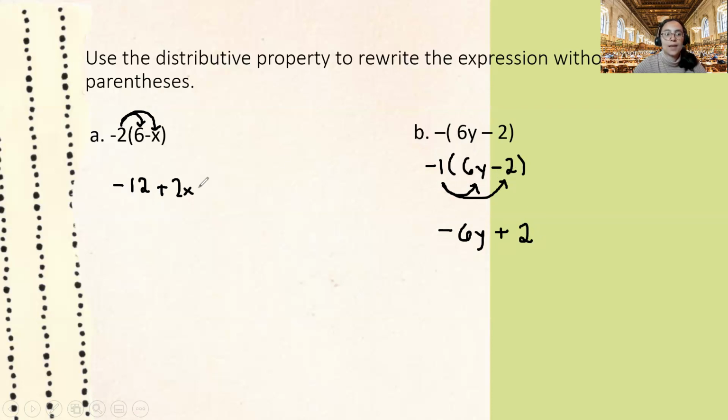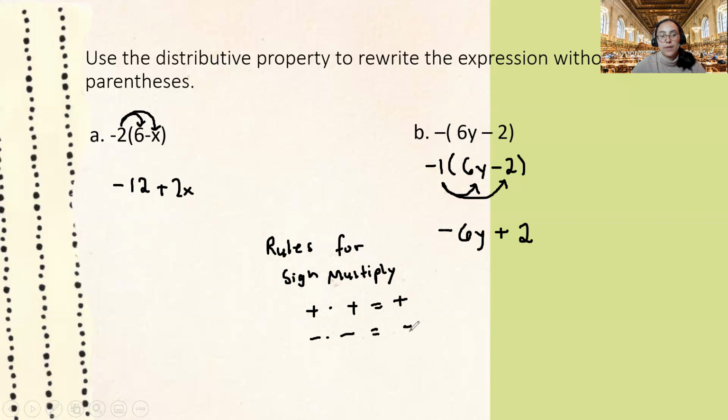Okay. So as you can see, we still have to recall our rules for the signs of multiplication. So when we multiply a positive times a positive, our answer will be positive. A negative times a negative will give you a positive.